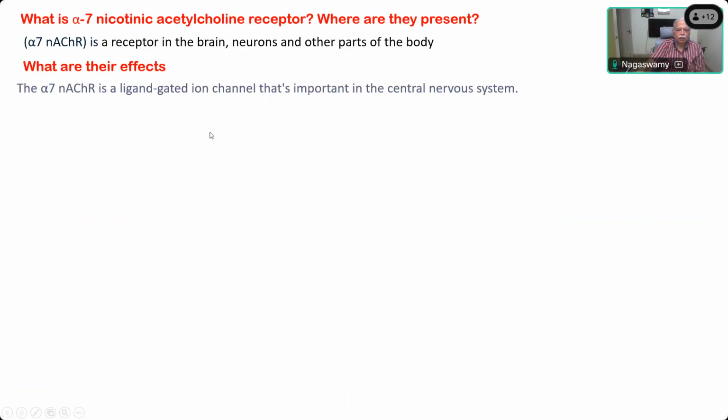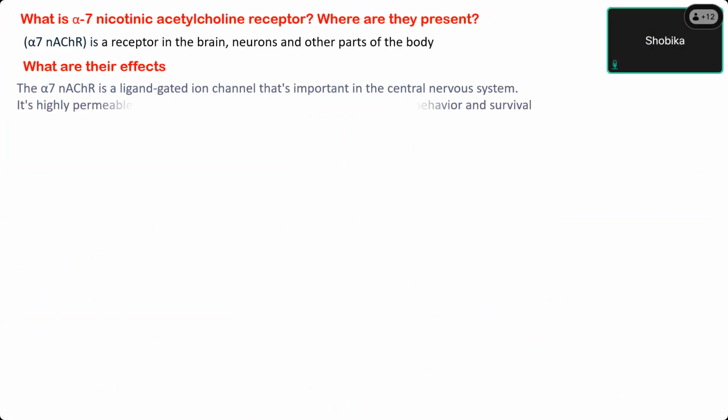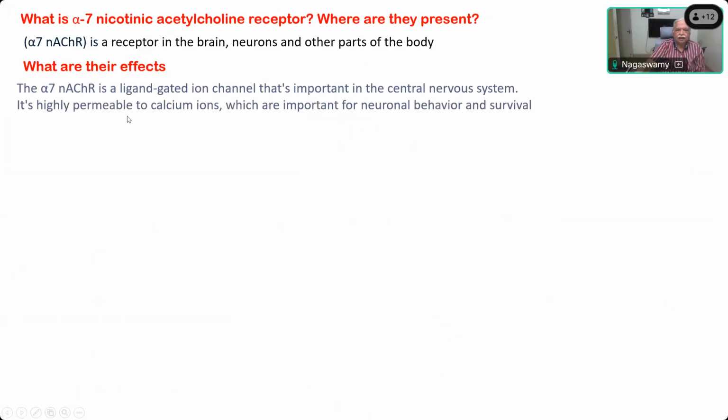Which ion is permitted through the channel once they open the gate? Sodium. Whereas here it is highly permeable to calcium ions, which are important for neuronal behavior and survival. That is the most important difference.